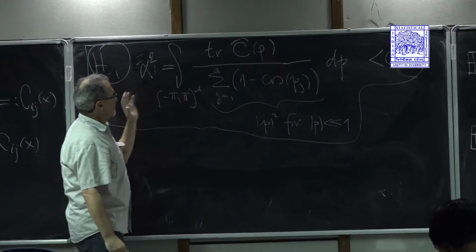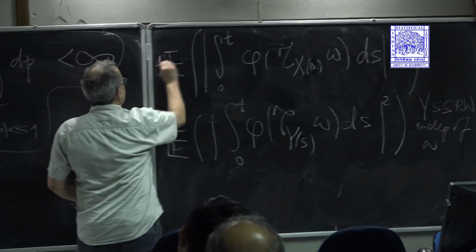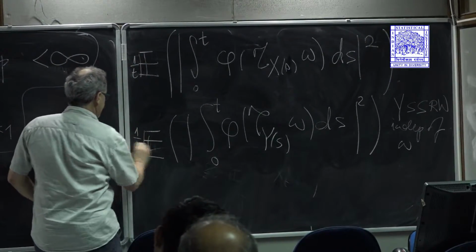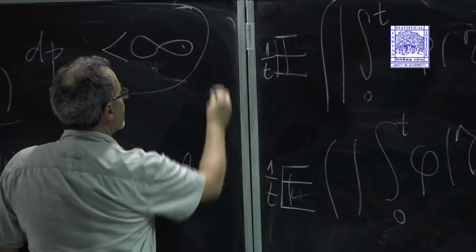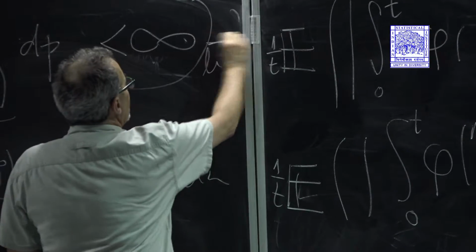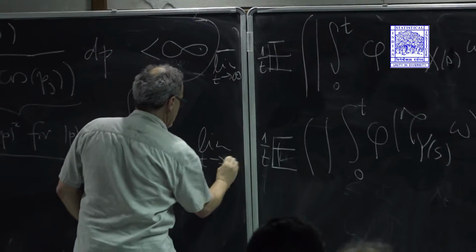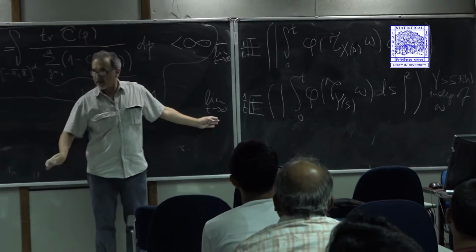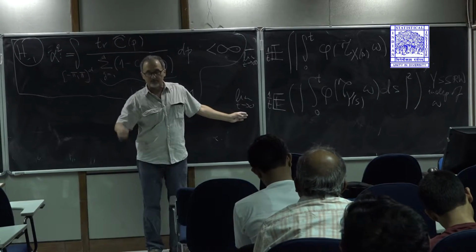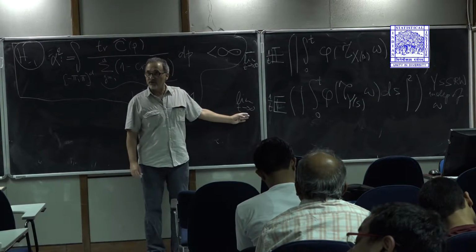Maybe there is a 1/2, I don't care about 1/2. So let me put here 1 over t and here 1 over t, and let's take here the limit, here the lim sup. I write lim. In this case, it's easy to prove that the limit exists. Again, I don't do it, but it's easy by some monotonicity to prove that the limit of this exists as t goes to infinity.